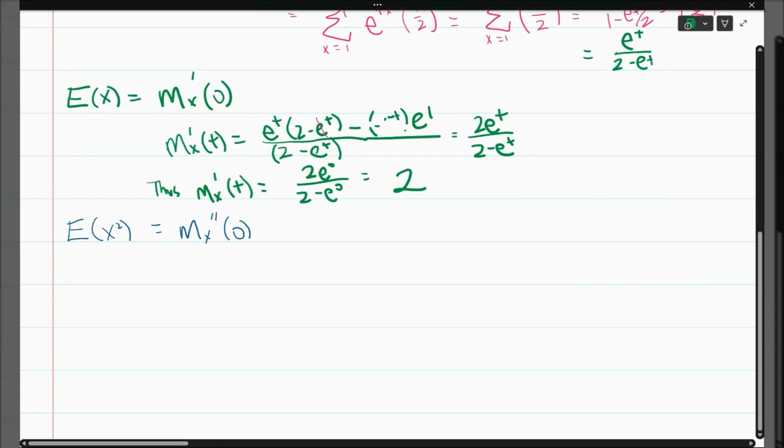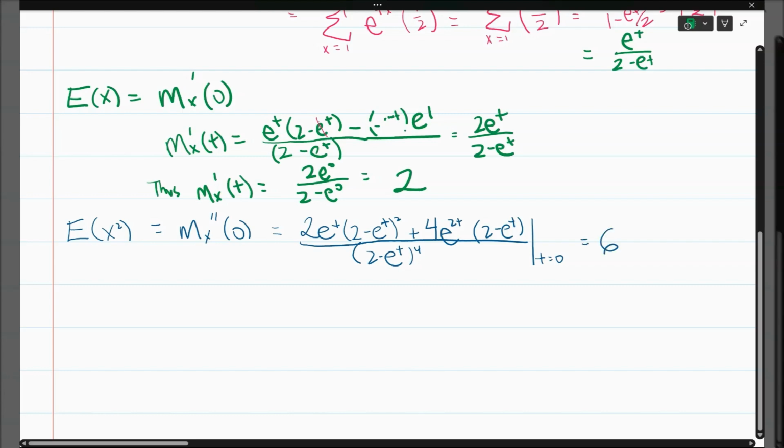Now, I won't go through all the motions, but suffice it to say, this is going to be 2e to the t times 2 minus e to the t squared, plus a lot of chain rule going on, 2 times 2 minus e to the t, all that divided by 2 minus e to the t raised to the 4th power. Evaluated at t equal to 0, this will end up being equal to 6.